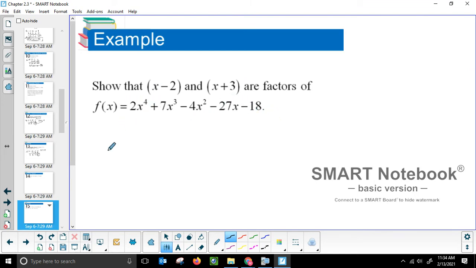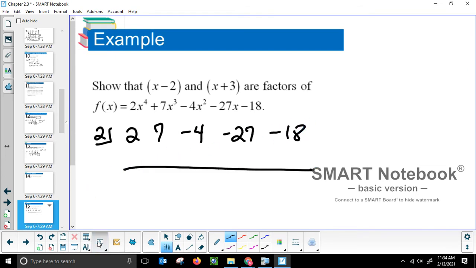Okay, so I'll start with x minus 2. Here they do give me the factors, so I put the opposite in my box. All right, I have 2, 7, negative 4, negative 27, negative 18.